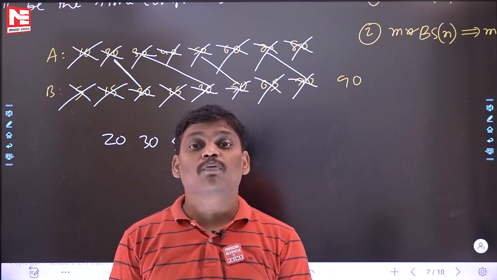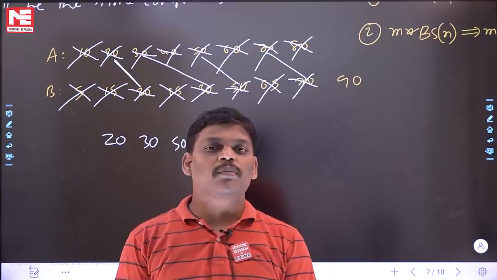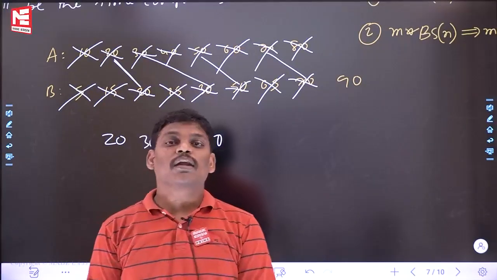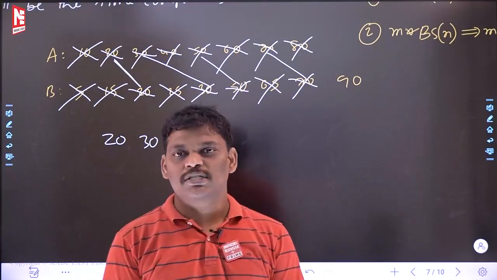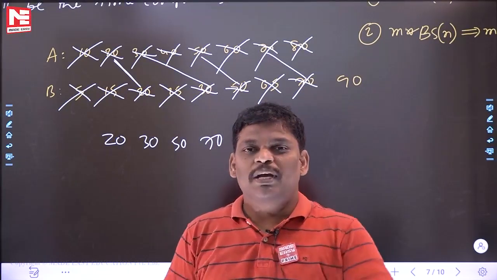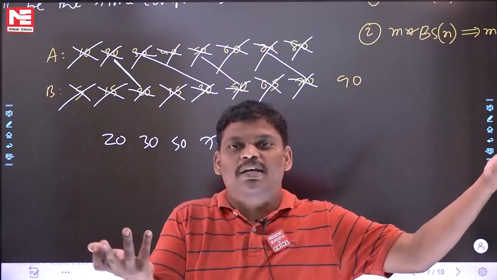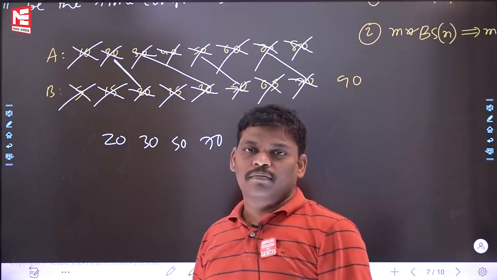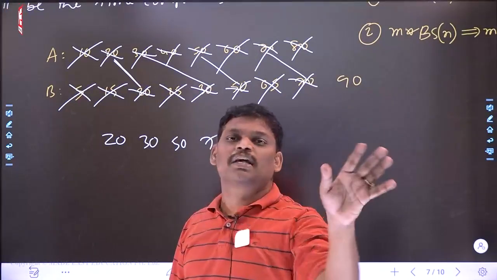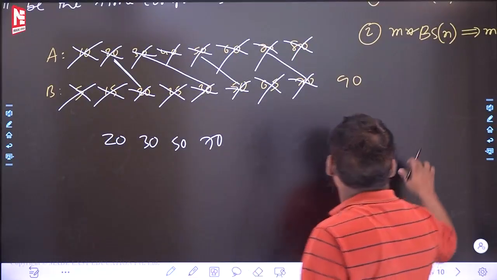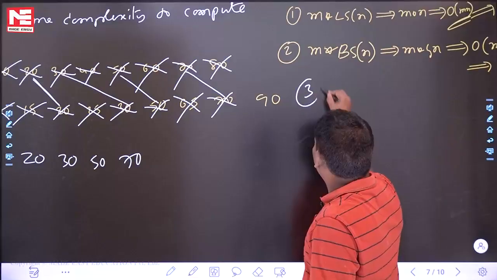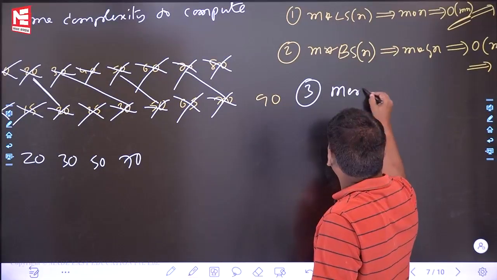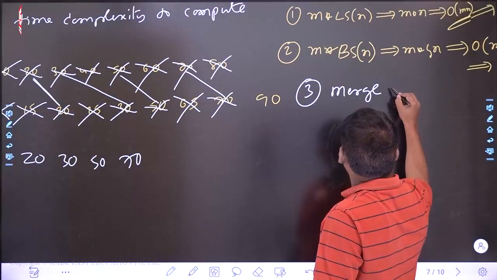Smaller, skip, because I want equal only. Equal, print any one, skip both. This is the logic. Because you are doing only one scan, it is m plus n time, nothing more. Let me write now. Third algorithm, see this one. What is it? You can apply the merge algorithm.